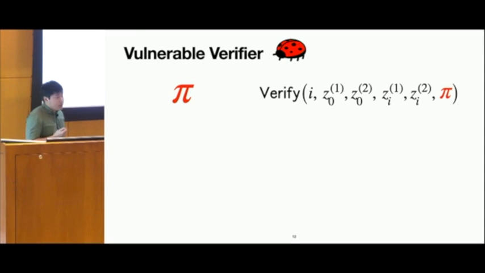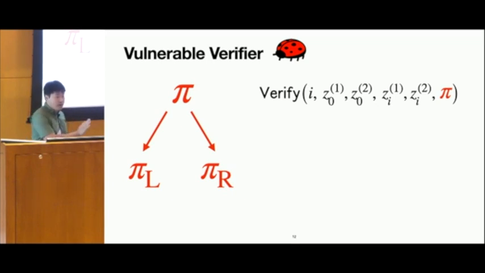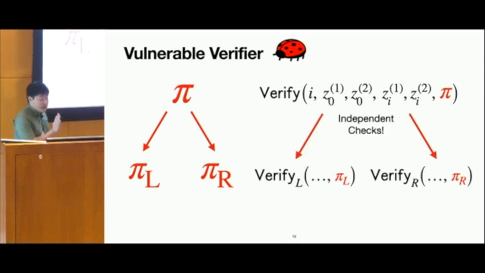Well, it turns out that the modified Nova IVC proof could be split into two symmetric halves, a left half and a right half, which consist of the primary and secondary accumulators, but also a primary and secondary fresh green instances. The verification equation, because it was missing some critical hash checks, could actually be split into two independent sets of checks that were symmetric on both the left and right halves of the proof.